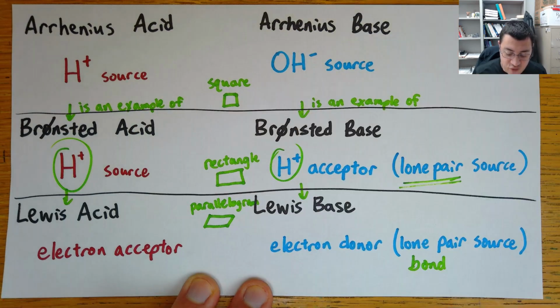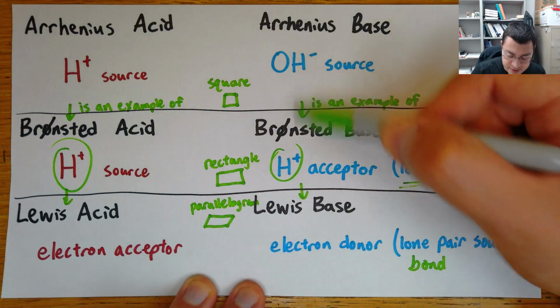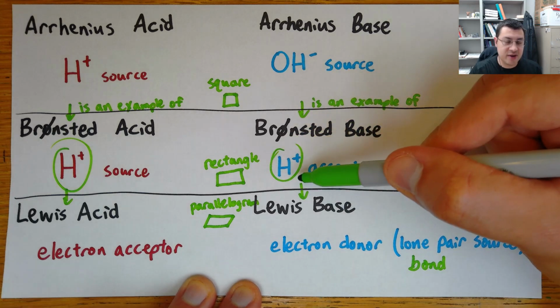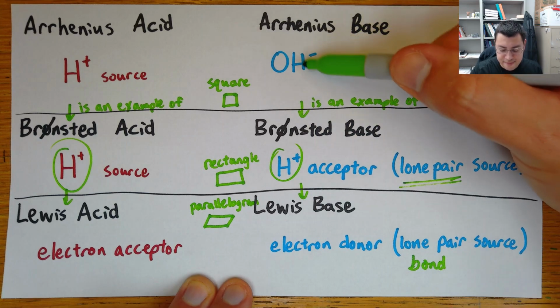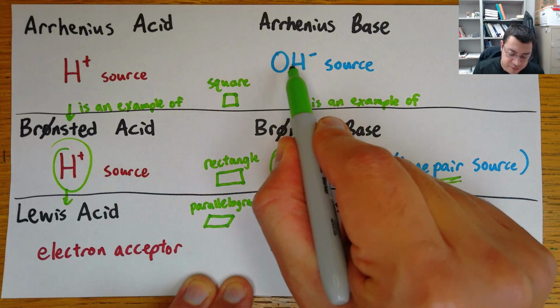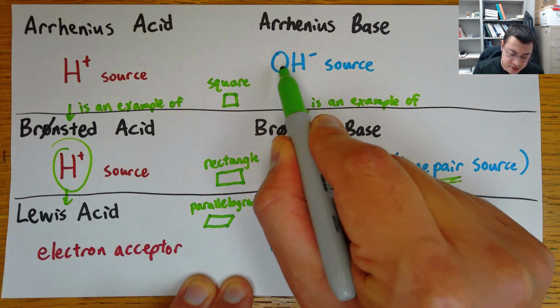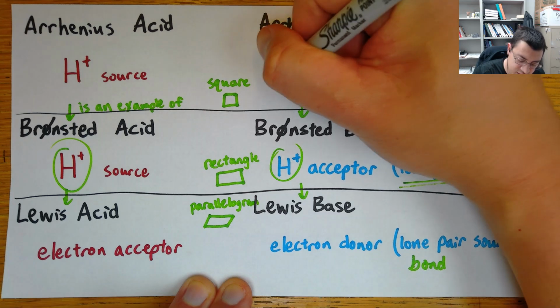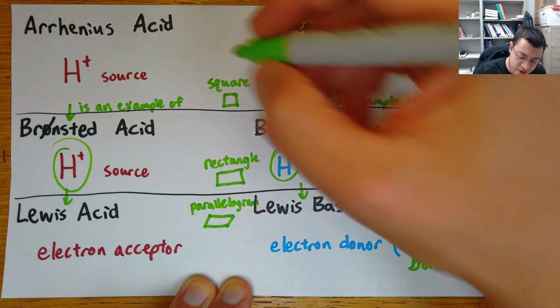Lastly, we have the Arrhenius definition. An Arrhenius base, we're going to be more specific. It's not just any old plain H plus acceptor, but in the Arrhenius definition, it must be a hydroxide anion, OH minus. We have 3 lone pairs on the hydroxide, so it has 3 lone pairs available.